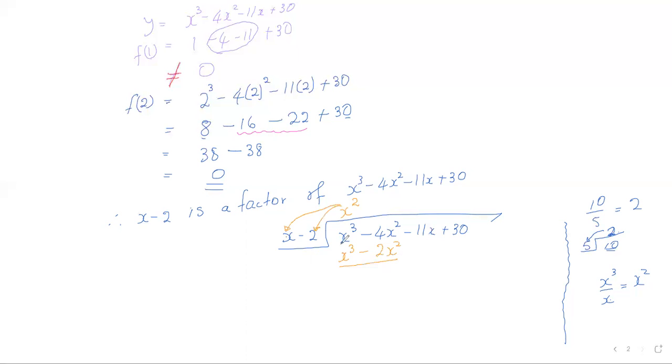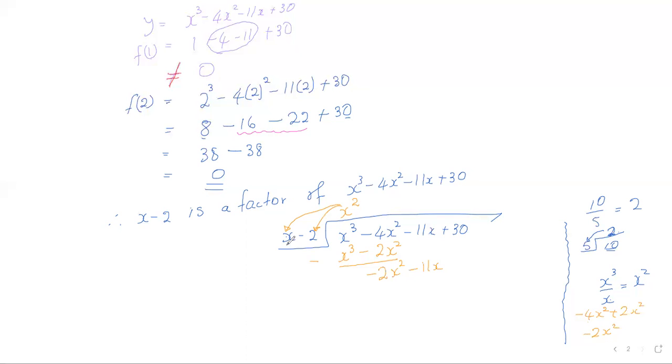We subtract. x cubed minus x cubed, they drop. This sign here will change to positive. So we subtract, take the sign of the bigger number. That is, we will be having negative 4x squared plus 2x squared, which is negative 2x squared, and we drop 11x. We continue with our exercise once more.